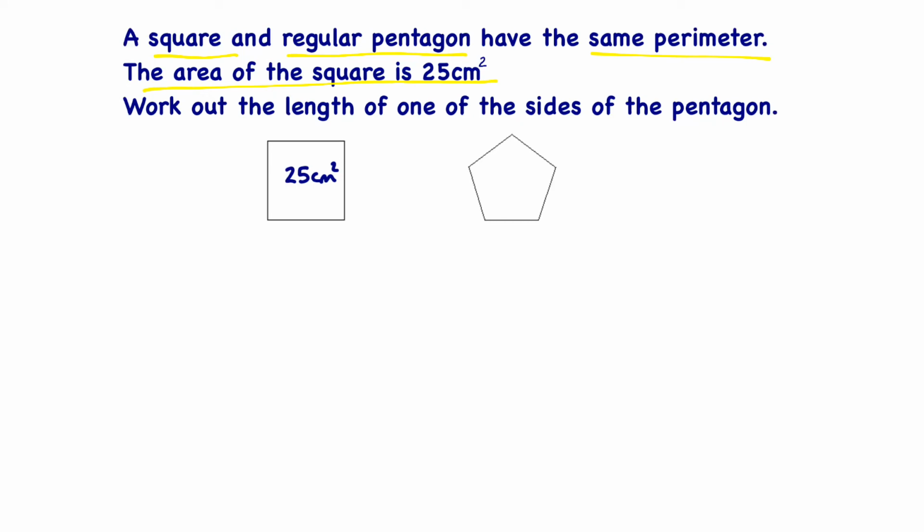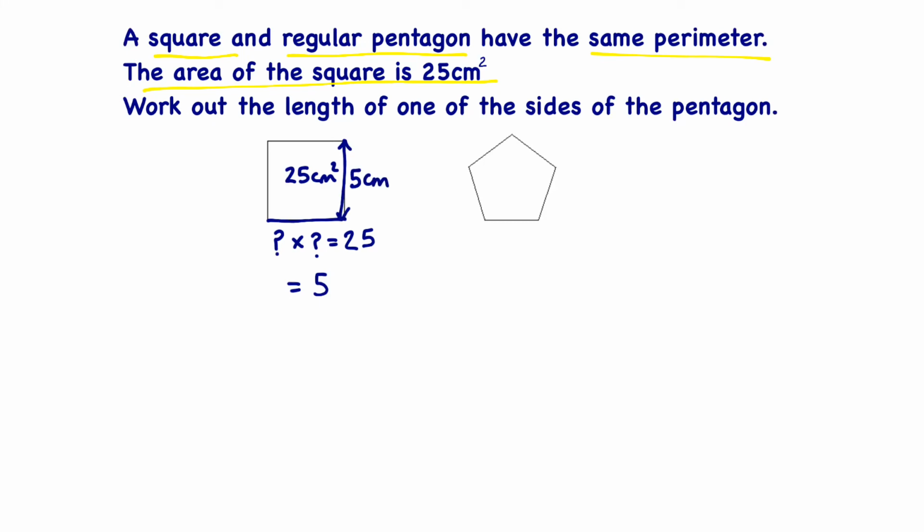Let's think. If the area of that is 25, that means that one side times the other side must give me 25. So I'm looking for a number. Something times something is 25. It's a square, so it's going to be a square number. I'm looking for a number that times by itself to make 25, and that is 5. So one of the sides of my square is 5 centimetres.